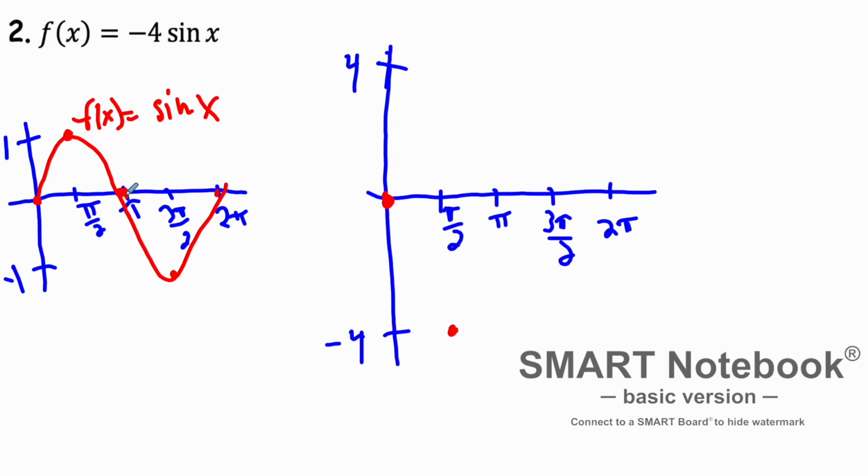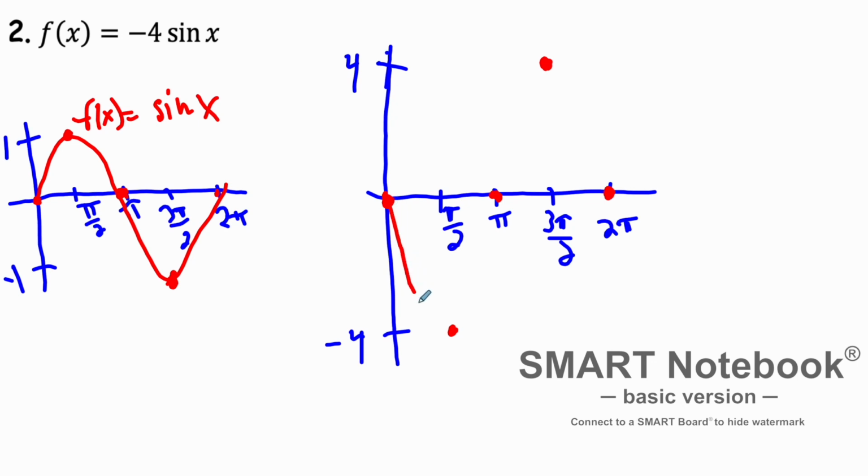The next point was at pi, 0. So again, still at 0 because 0 times -4 is 0. Next point right here, the y coordinate is -1. -1 times -4 is now a +4. And the last point, 2 pi was at 0 times -4, it's still 0.